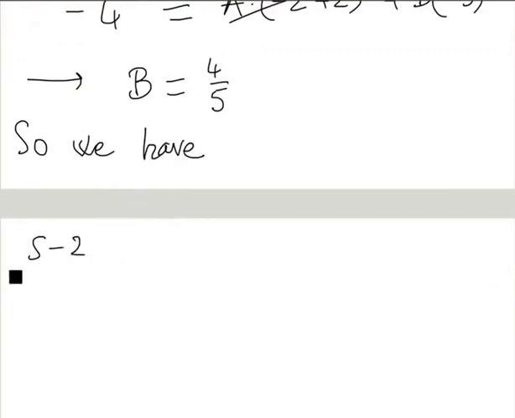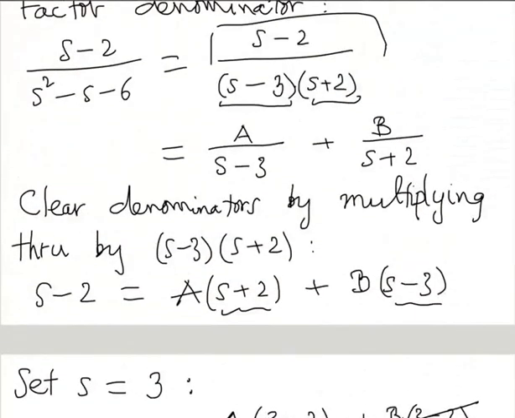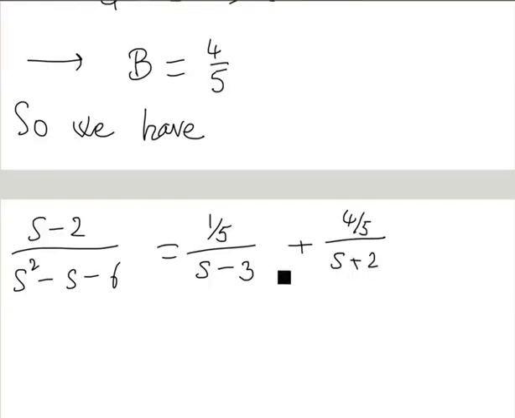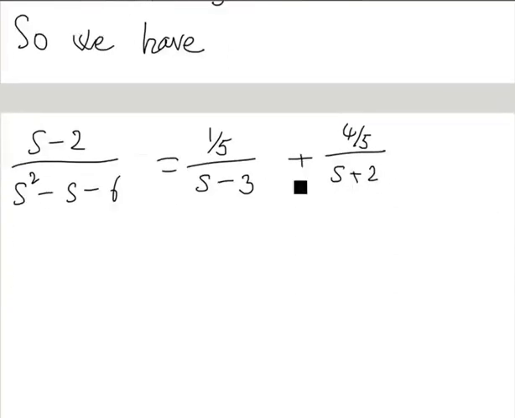Let me rewrite here: s minus 2 divided by our original denominator, s squared minus s minus 6, equals, with a being 1/5, 1/5 divided by s minus 3, plus b being 4/5, 4/5 divided by s plus 2. Now, once we have simpler fractions, we look at the inverse Laplace transform.